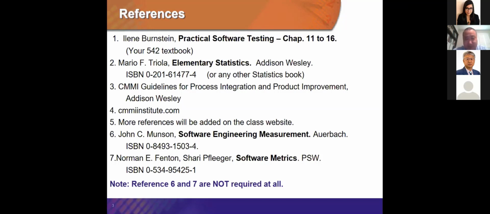We're still going to study some of the CMMI. I'll try to figure out how we take care of the IP issue, covering 2.0. And I listed a few other reference books. You don't have to buy the reference books. It's just for those of you who are interested in the topic and want to learn a little bit more. Here are some of the other references you might be able to check.